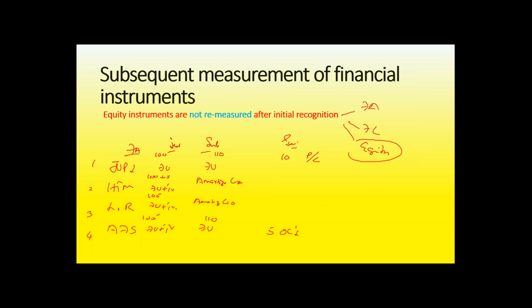Now I want to take 2 minutes and explain this amortized cost one. So let's look at the held to maturity. Initially it was recognized at 105, and the examiner will tell us the effective rate.